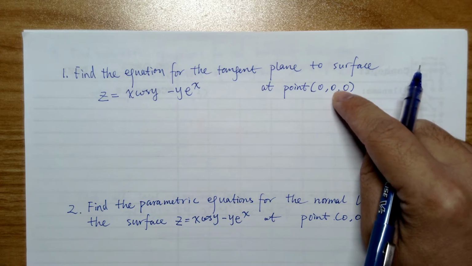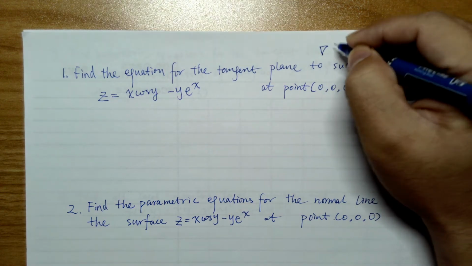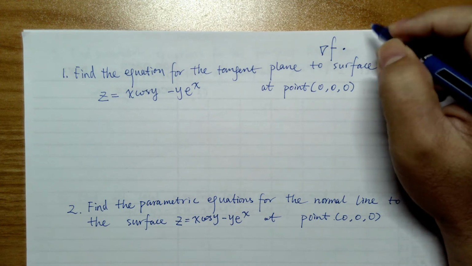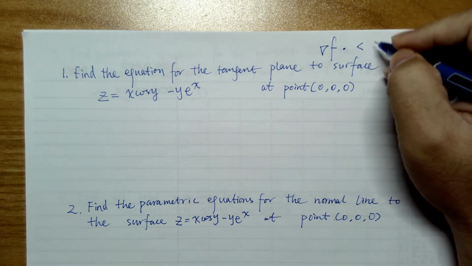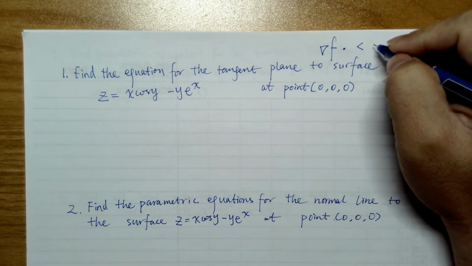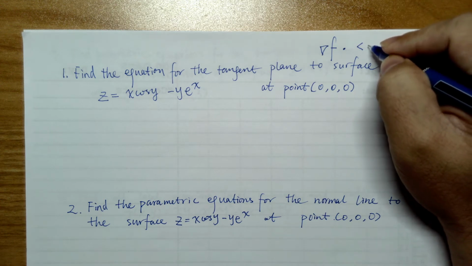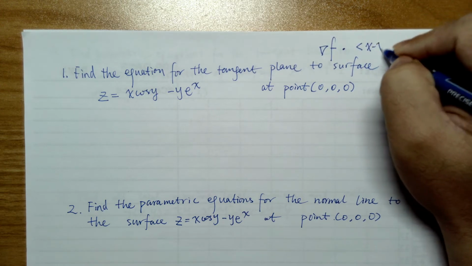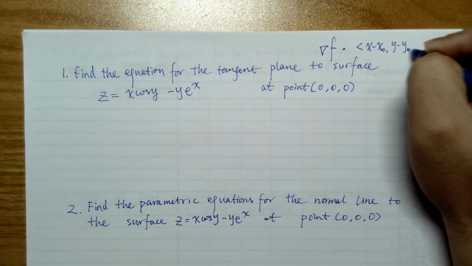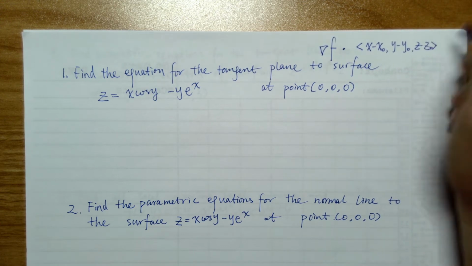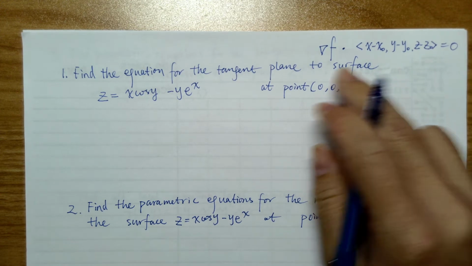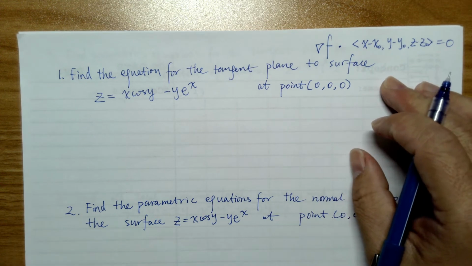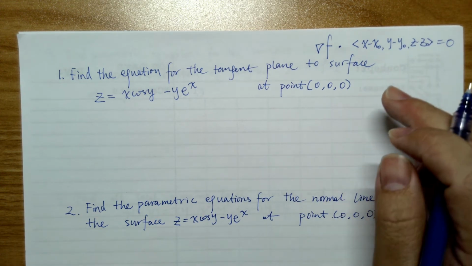So with that, the dot product of the gradient with the vector x minus x0, y minus y0, z minus z0 gives us 0. That's how we compute the equation of the tangent plane at a given point for a surface.